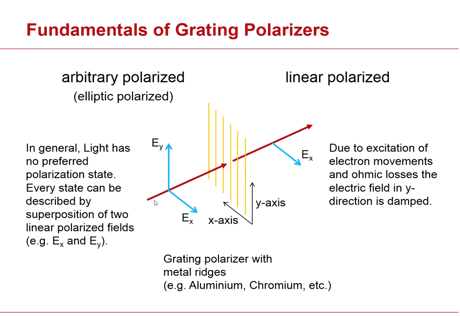We have this light in the visible range, and in the output, so after the grating, we would like to have a polarization state in X direction.